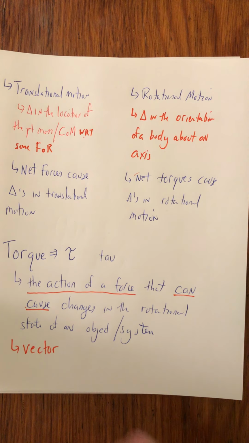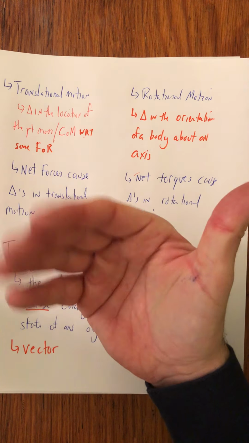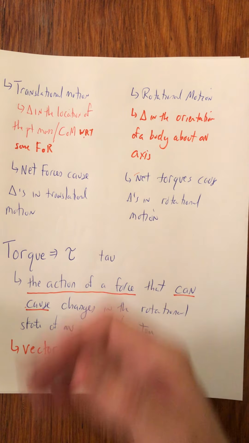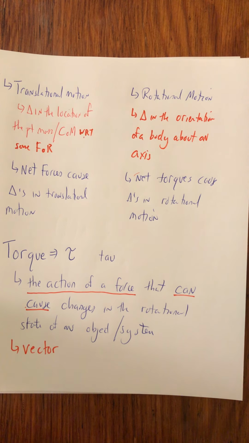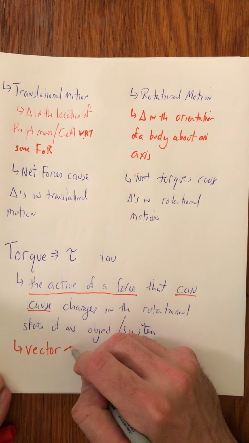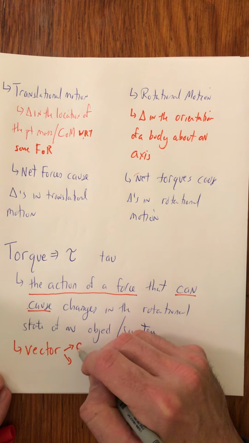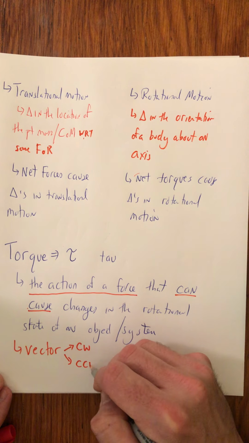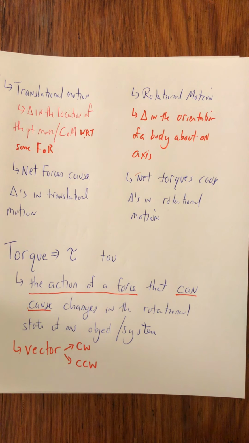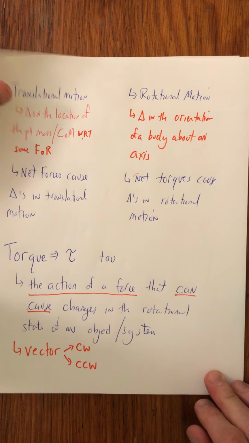Now we're going to see torque is going to be another hand thing, which is not going to be fun here on video. We'll make it work, right? For the meantime, we'll talk about torques in terms of clockwise torques and counterclockwise torques, torques that cause things to change the rotational state in a clockwise fashion or in a counterclockwise fashion. And we'll specify from there.